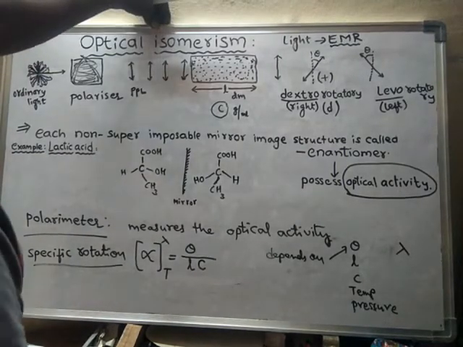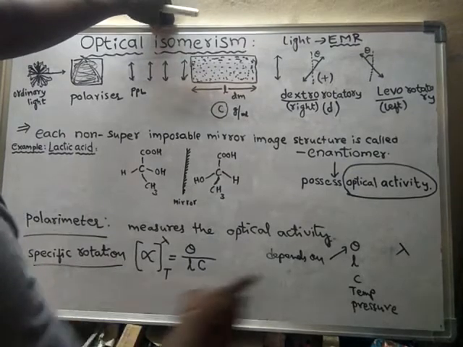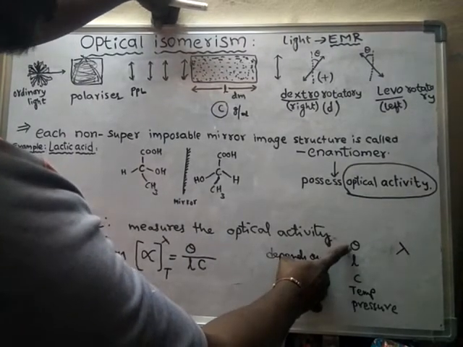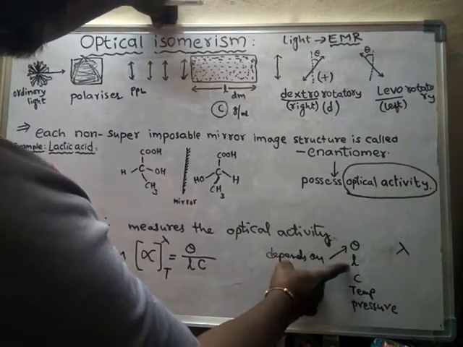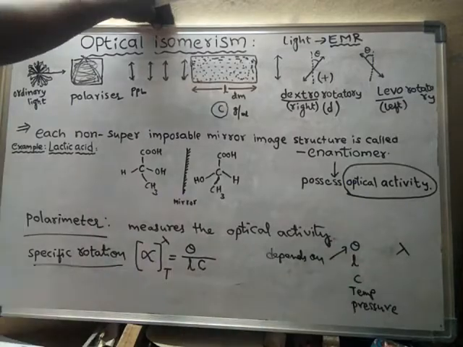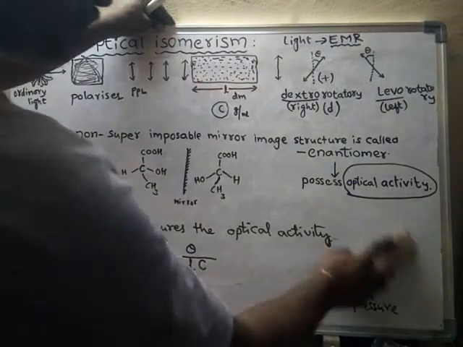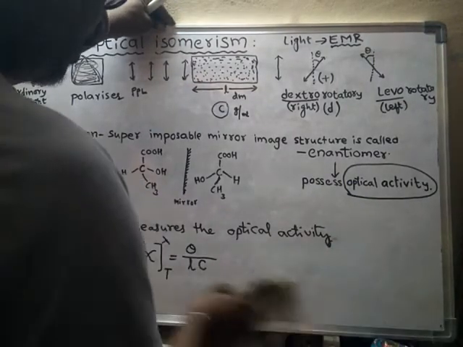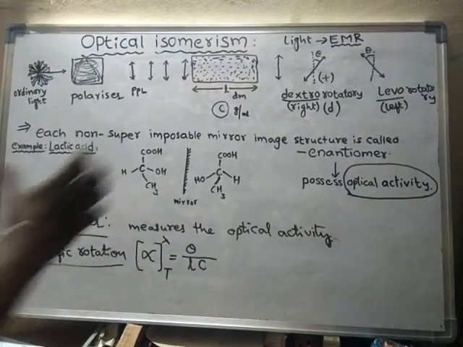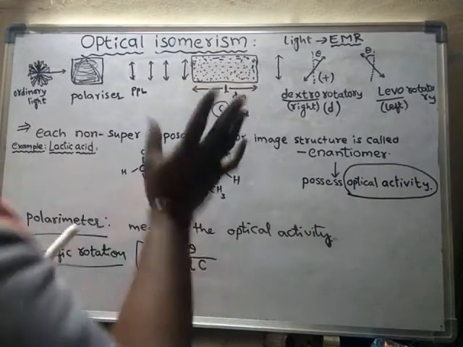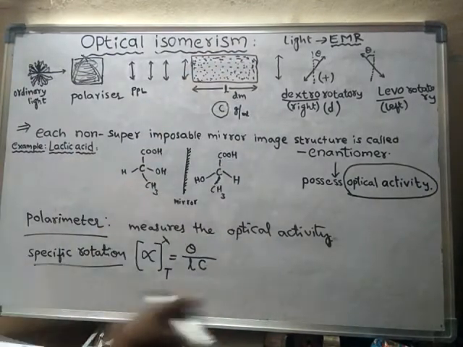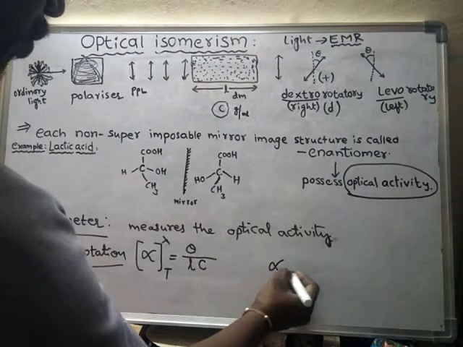The amount of rotation depends on the observed rotation, length of the tube, concentration, temperature, pressure and the wavelength of the light used. Next, for a pure compound, if you do not take a solution and take only the pure compound directly, then we have to use this formula.